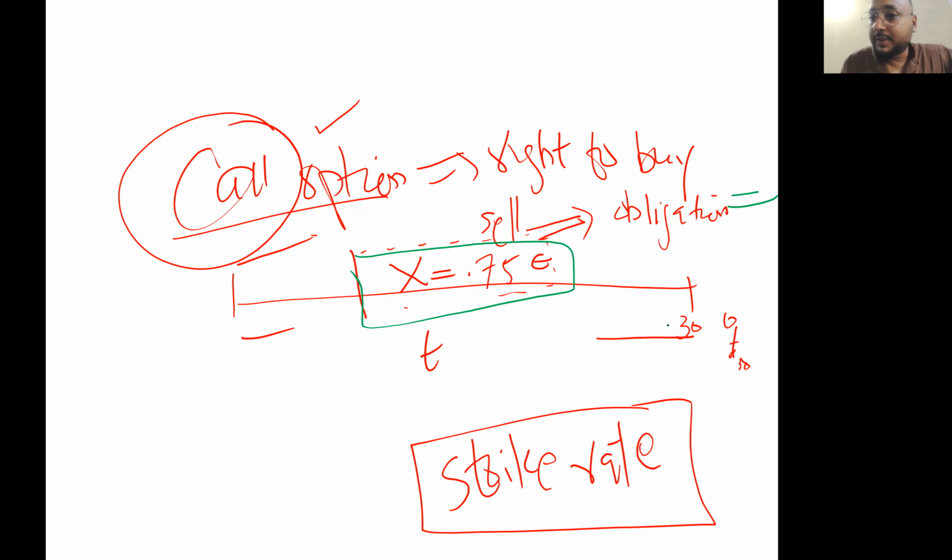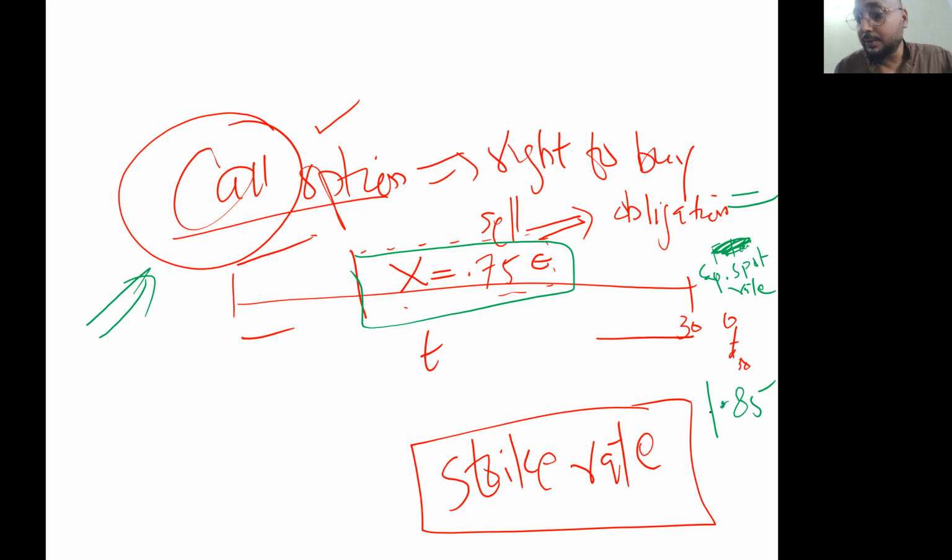So on the 30th day, if the expected spot rate is 0.85, what will you do? You bought a call option in the market.